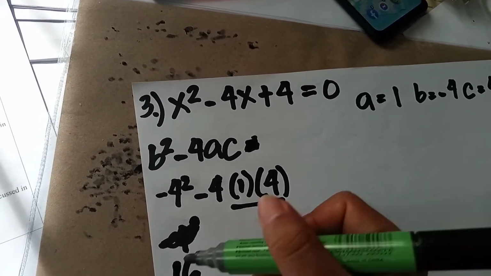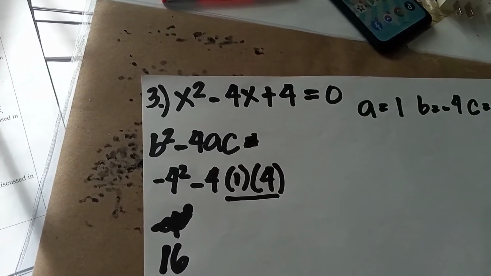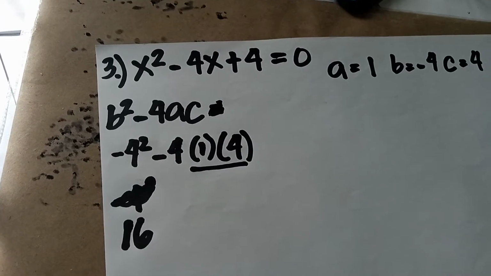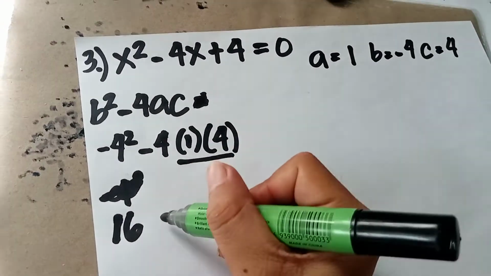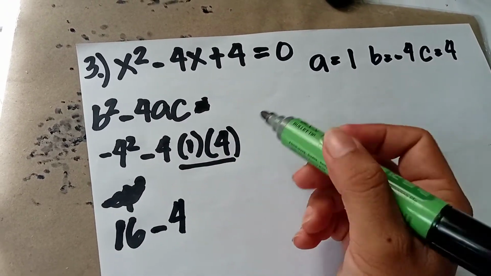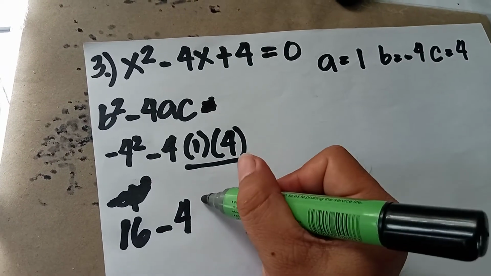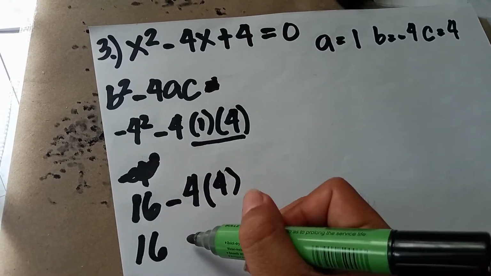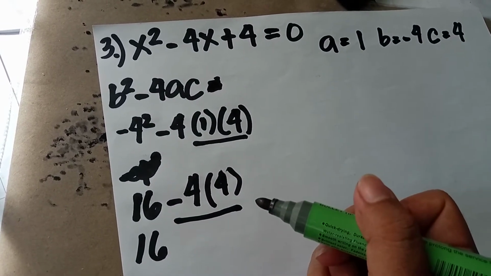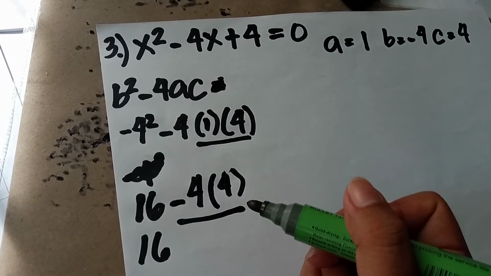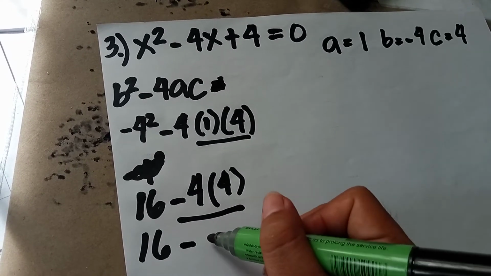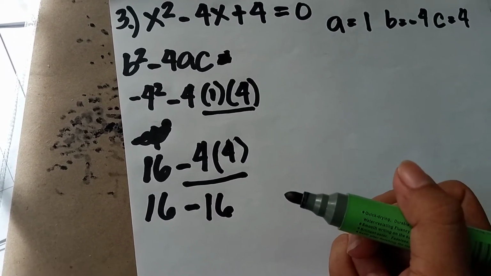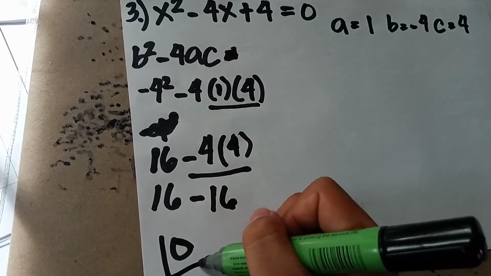Then copy 4, then multiply 1 times 4, that is positive 4. Then copy 16. Then multiply: negative 4 times positive 4 is negative 16. So our answer is 16 minus 16, which is equal to 0.